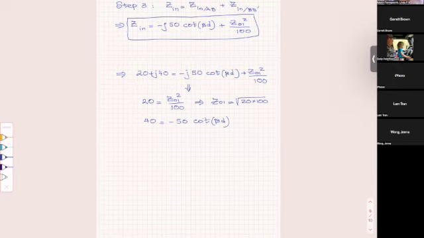And from the second, we find that beta D has to be the inverse cotangent of minus 40 over 50, 4/5, or cotangent inverse of minus 0.8.